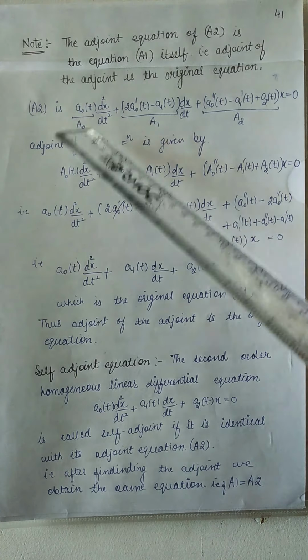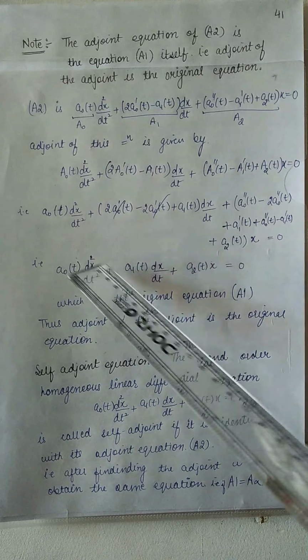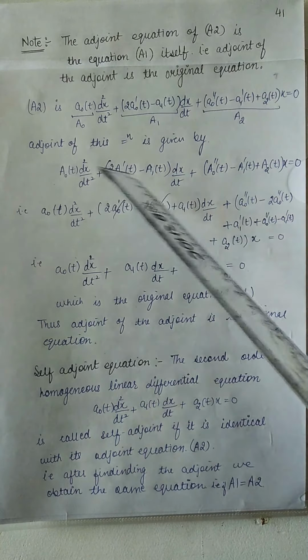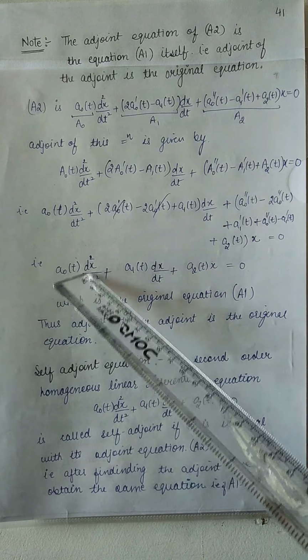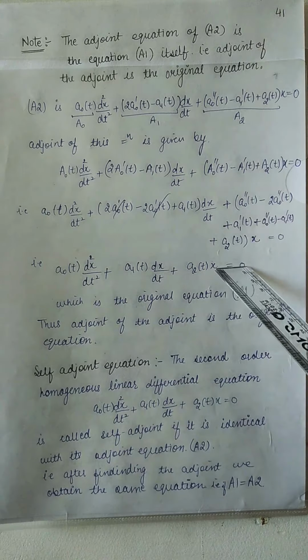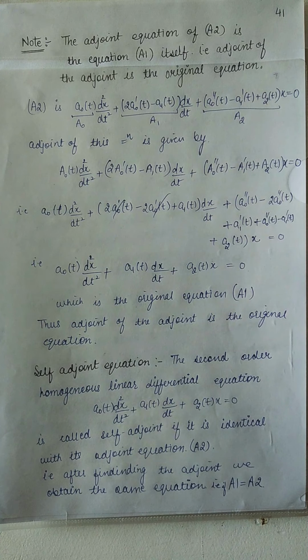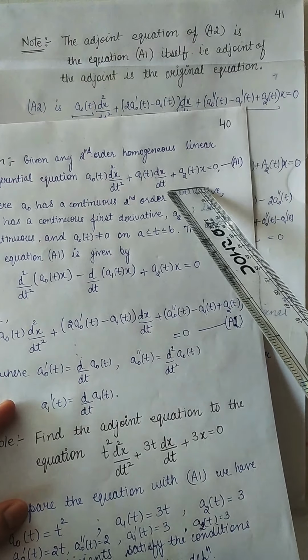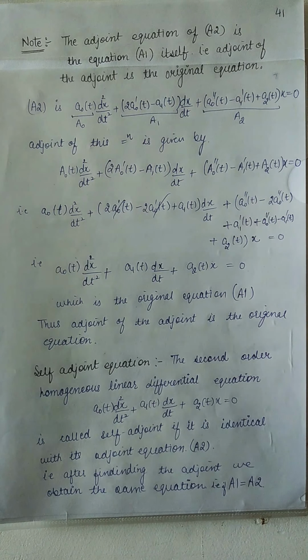So after substituting, we get that this equation again becomes a0(t) d square x by dt square plus a1(t) dx by dt plus a2(t) x is equal to 0, which is the original equation we considered. So we proved that the adjoint of an adjoint is the original equation.